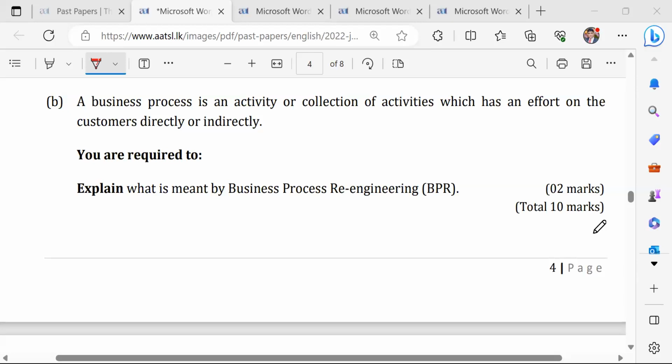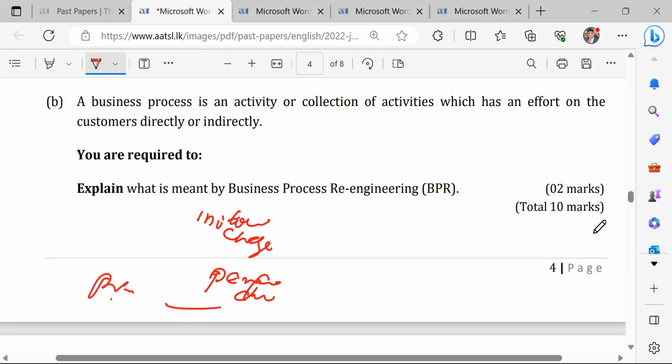Then you can draw your diagram. How is it? Initiation of change, process diagnosis, check page number 11 in your study pack, process diagnosis, then process redesign, reconstruction, process monitoring, envision new process.